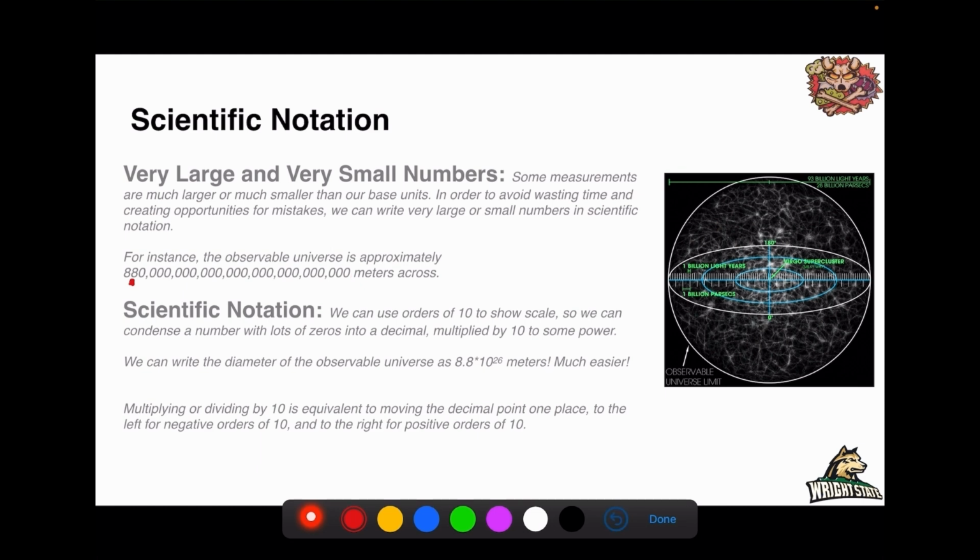So that's how we know that it's 8.8 times 10 to the 26th. Negative orders move it to the left one place, and positive orders move it to the right one place. So big numbers we get from positive orders of 10, small numbers we get from negative orders of 10.